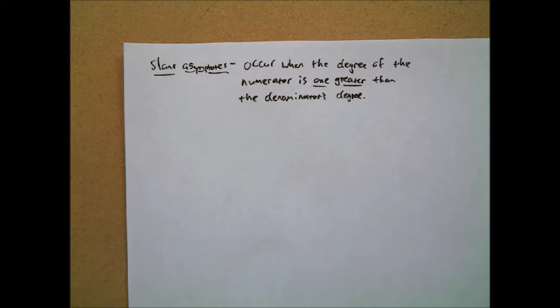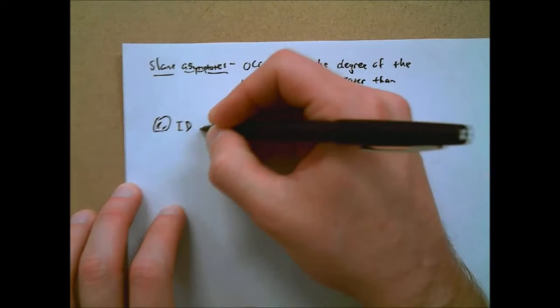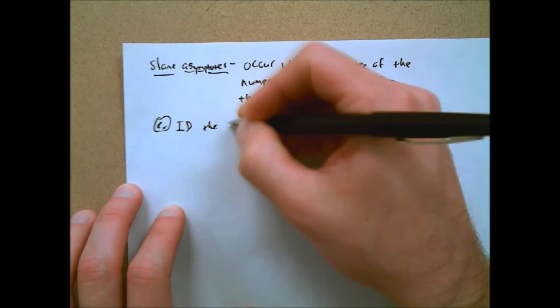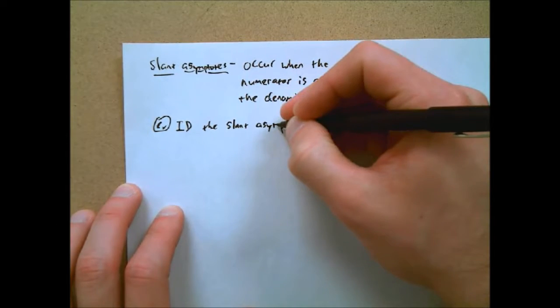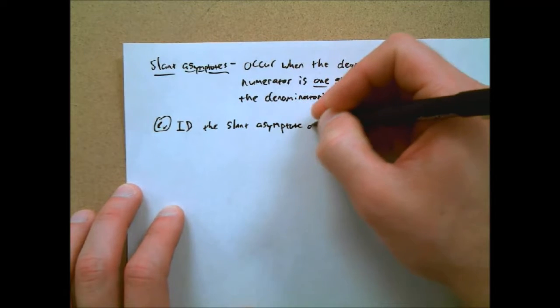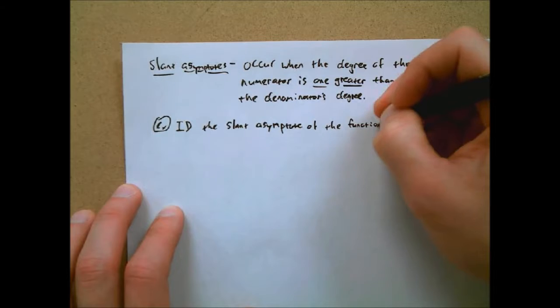Okay, so let's just do one, and then I'll have you guys try one. Just to make sure we're okay with this, we're going to identify the slant asymptote of the function. So I'll do one, you do one.